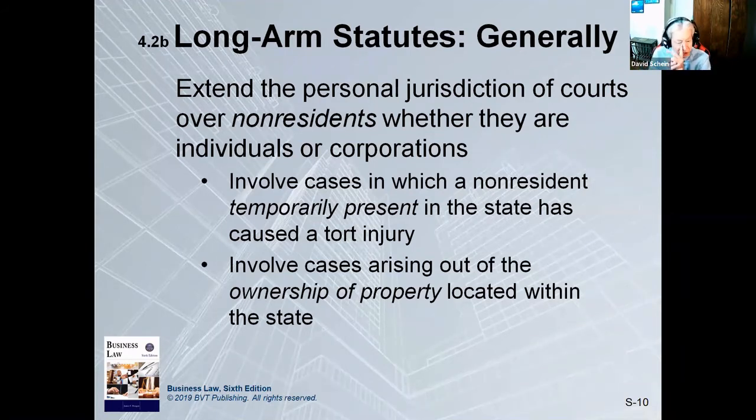And the way that's done is you file the case locally. The local clerk of the court sends it to the Secretary of State. The Secretary of State sends it to the Secretary of State in the state where you want the person to be served. And then that Secretary of State sends it to the local courts there to have it served on the person. So that's how you get jurisdiction over people who are not in your court.